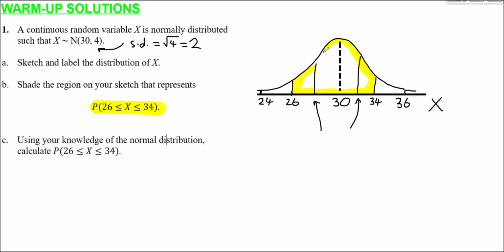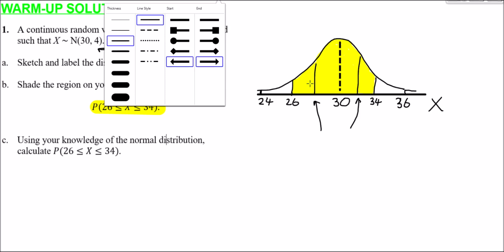So as I'm colouring this in, have a think about what part C asks. Part C asks us to use the knowledge of the normal distribution to actually calculate the probability of x being in between 26 and 34. So what we need to think about here is how 26 and 34 relate to 30. Well, 26 and 34, they're both 4 away from the mean.